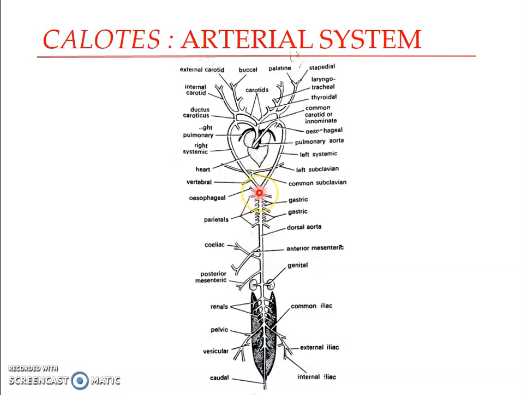And on the way to the tail, the dorsal aorta gives off one esophageal artery, pairs of parietals and gastrics, then a single anterior mesenteric, celiac, posterior mesenteric, a pair of genitals, pairs of renals, a single pair of common iliac, and then the dorsal aorta continues as a caudal artery.